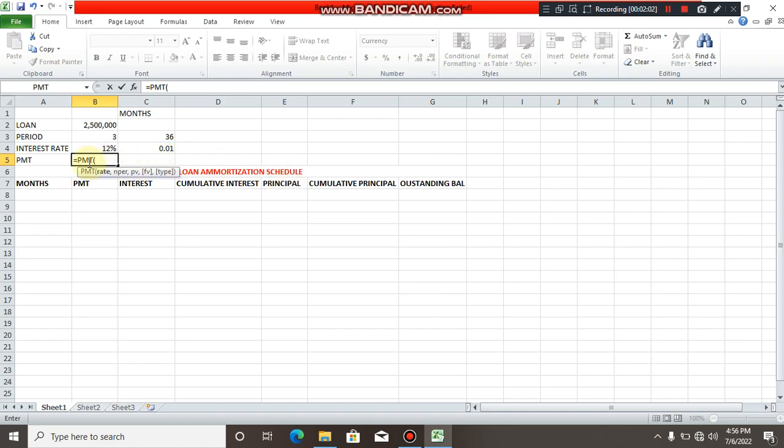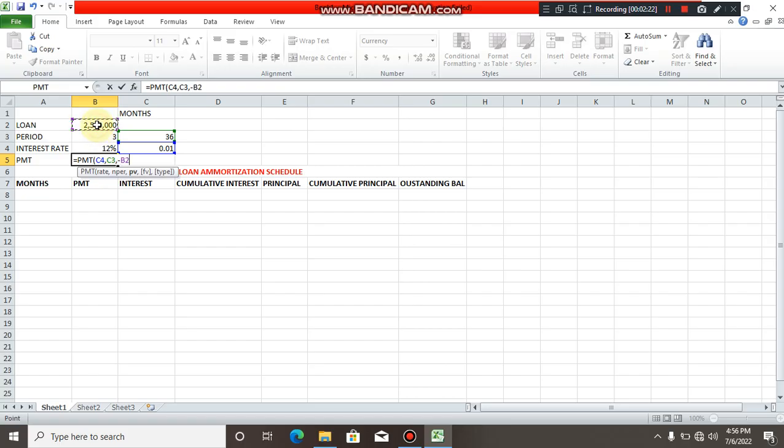So PMT, open bracket, rate. We take the monthly one, then comma, then the number of payments, which is just 36 months, comma, then the present value, the amount of the loan you obtained. It's going to be reducing, so I'm going to put a negative.